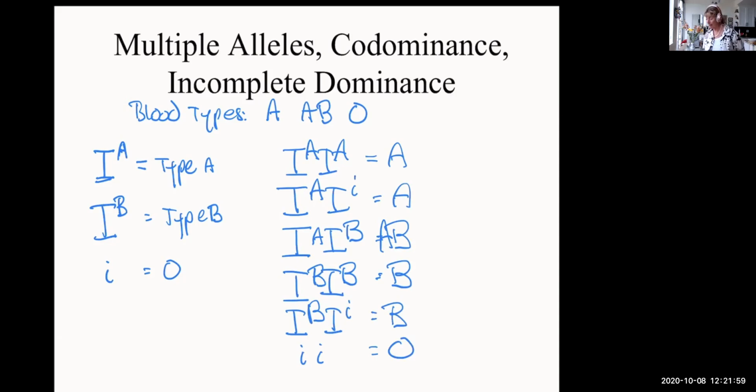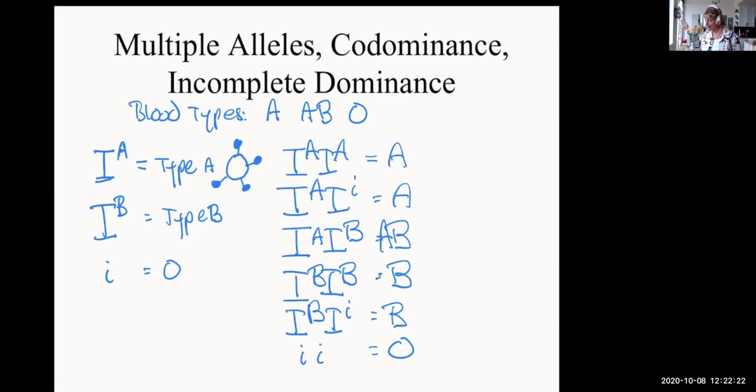And the reason that the A and the B can be co-dominant is that if you have type A, your cells have particular type A receptors that identify your cell.